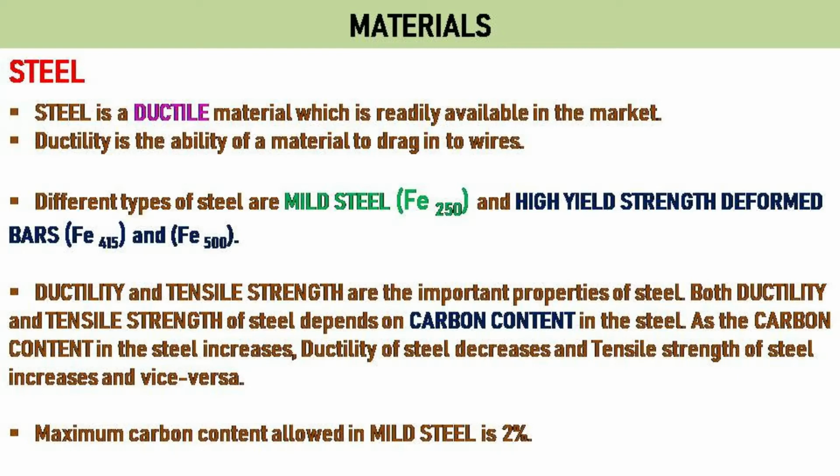And high yield strength deformed bars, that is, HYSD bars are of grade Fe 415, and Fe 500. Ductility and tensile strength are the important properties of steel. Both ductility and tensile strength of steel depend on carbon content in the steel. As the carbon content in the steel increases, ductility of steel decreases and tensile strength of steel increases, and vice versa. Maximum carbon content allowed in mild steel is 2%.